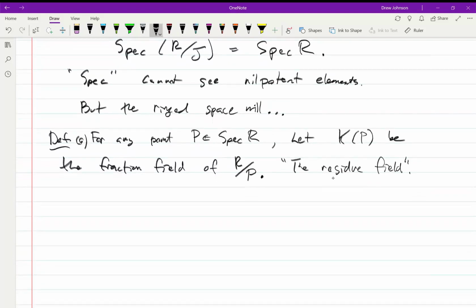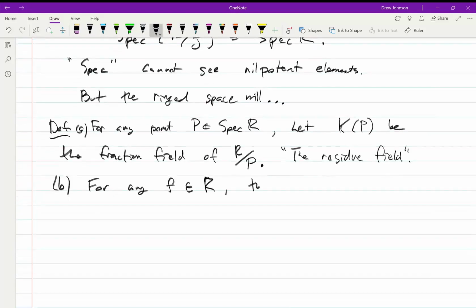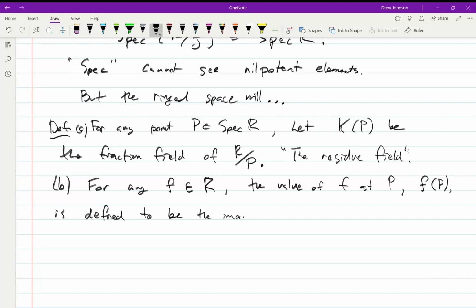And then for any f in R, we want to be able to interpret f as a function on spec R. So we'll say the value of f at P, or we could write it just as f of P, is defined to be the image of f in K of P, in the residue field.